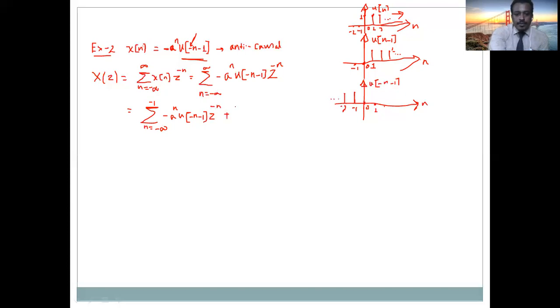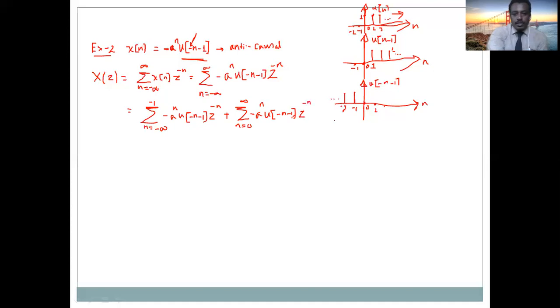plus, start from 0 up to positive infinity, minus a to the power of n times z to the power of minus n.